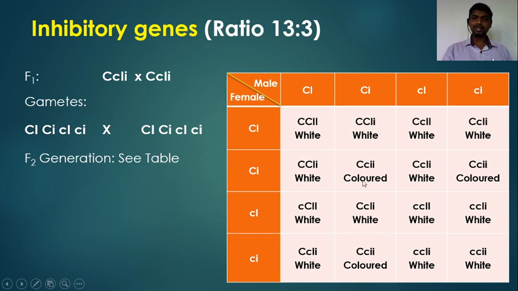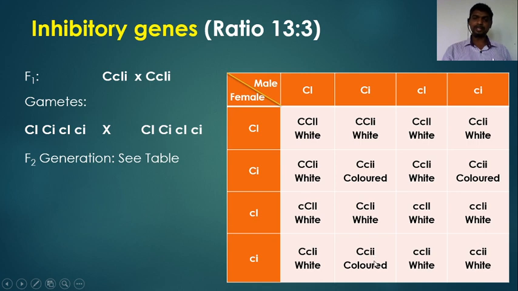So the colored progeny is obtained in the genotype having capital C, small i, small i. Similarly, capital C, small i, small i. Here also capital C, small i, small i. So these three individuals are colored because the inhibitory gene is recessive and the color gene is dominant.